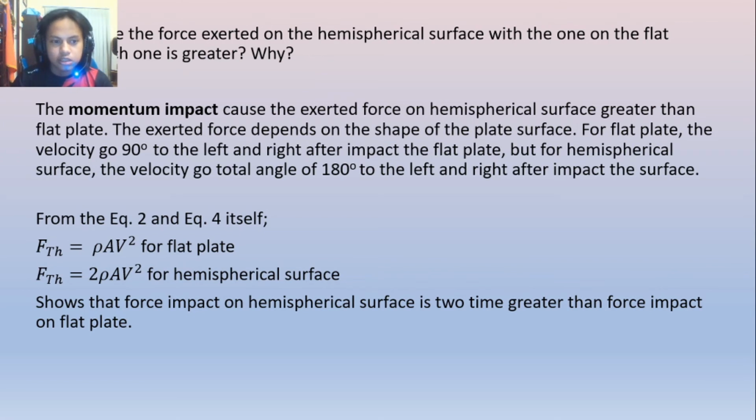But for hemispherical surface, the velocity will turn a total angle of 180 degrees to the left and right after impact with the surface. We can see from the theoretical equation itself, F theoretical equals rho AV squared for the flat plate, and F theoretical equals 2 rho AV squared for hemispherical surface. It shows that the force impact on hemispherical surface is 2 times greater than force impact on the flat plate.